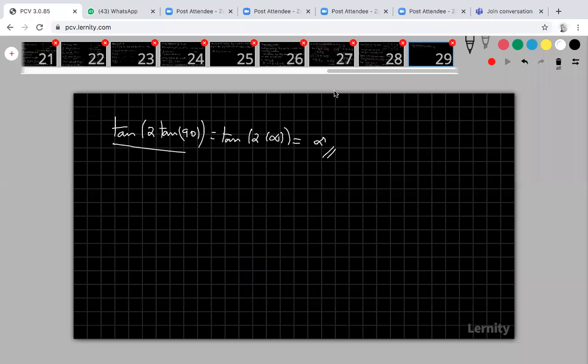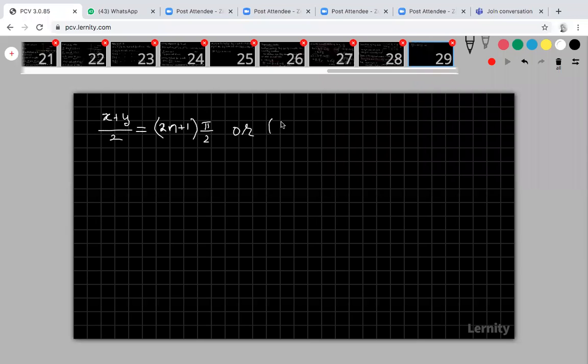So therefore, cos of (x plus y) by 2 equal to 0 means (x plus y) divided by 2 equal to (2n plus 1) pi by 2, or sin of (x minus y) by 2 is equal to 0 means (x minus y) by 2 is equal to n pi, where n belongs to Z. So then what is the meaning?